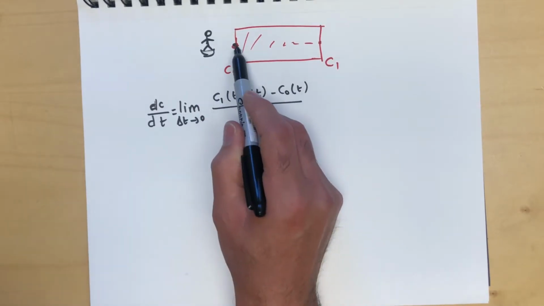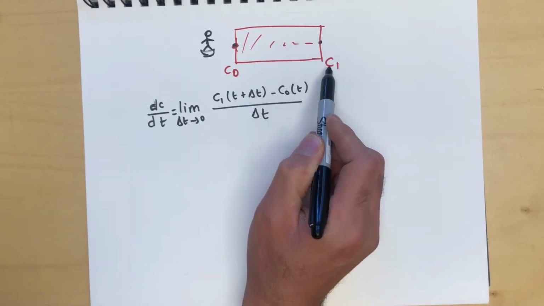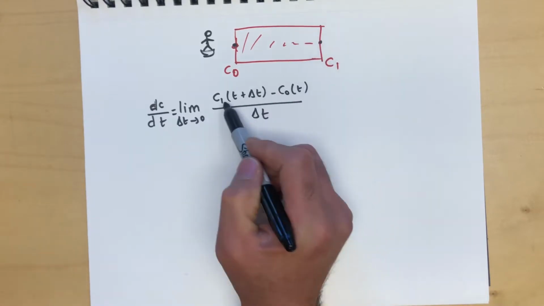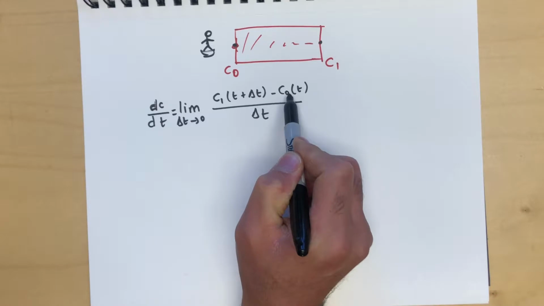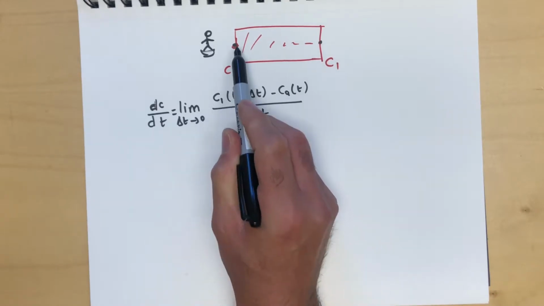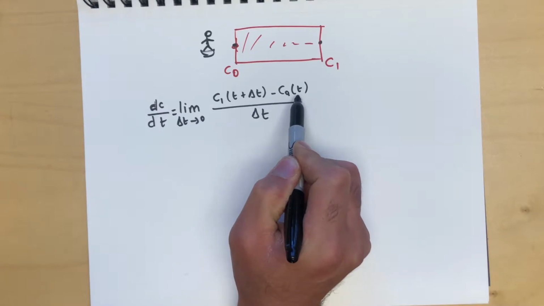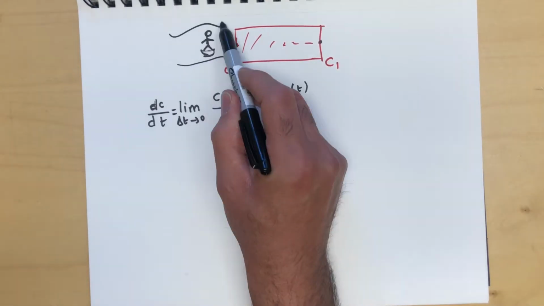So that's our C0. And then in an increment delta t, they arrived at position C1. They're going to measure something different at C1. Okay, so that's why we have two different subscripts over here, C1 and C0. If they were at the same position, it would be C0 at t plus delta t minus C0 at t, but that's not the case because they're moving with the fluid velocity.